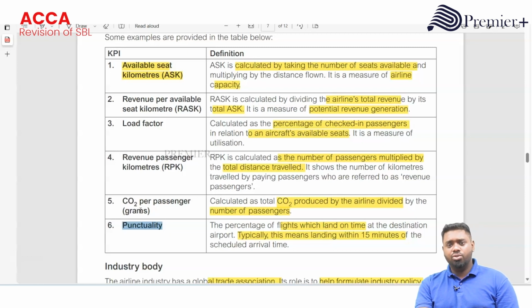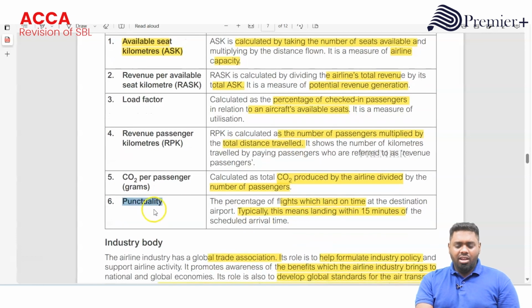And later, if we are strong enough in our strategies, this will be a pressure group that will also support us in future litigations or any problems, ethical problems. So we'll basically get their support. And finally, punctuality. This is very important so that passengers will build trust in the airlines, trust of efficiency, trust of keeping up its promises.